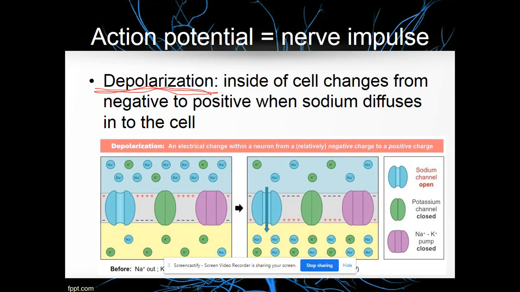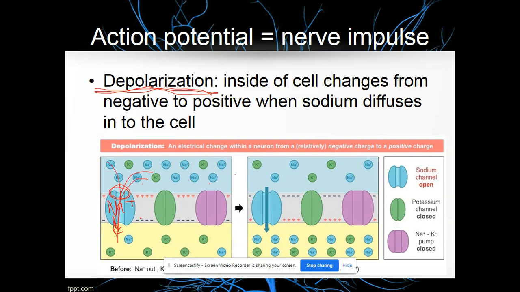In depolarization, we have these sodium channels. This is considered a gated channel, so sometimes it can be closed and sometimes it can be open. When a stimulus arrives at the nerve cell, the sodium channel is going to open, and all the sodium that we pushed out of this cell can flow in.